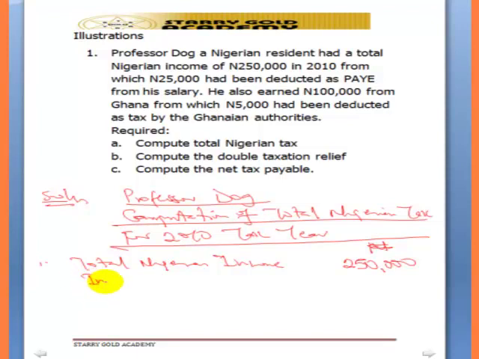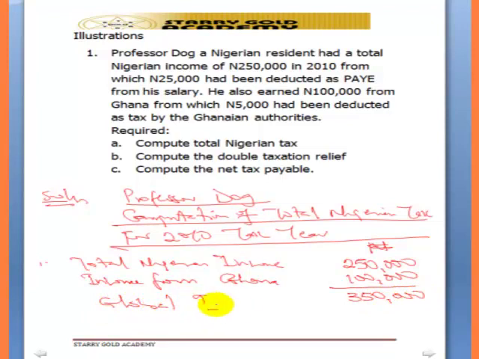Then income from Ghana, 100,000. So there is a total income of 350,000, otherwise called the global income or the worldwide income.